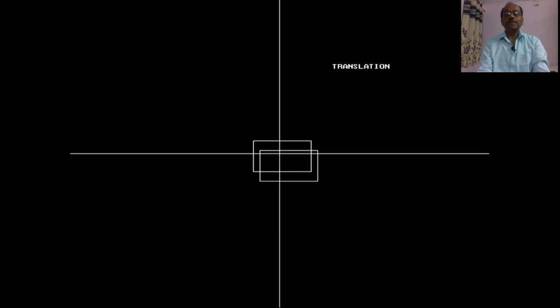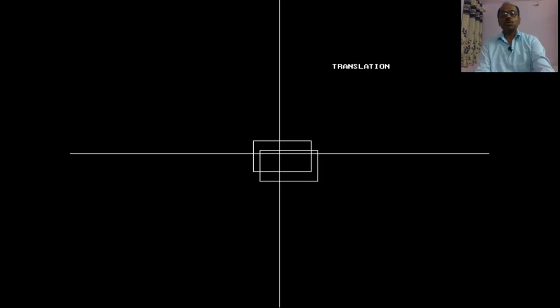So, let us do translation first. For translation, we require the translation factor. So, let us input 10 and 15. We are seeing on screen that the original image has been translated.